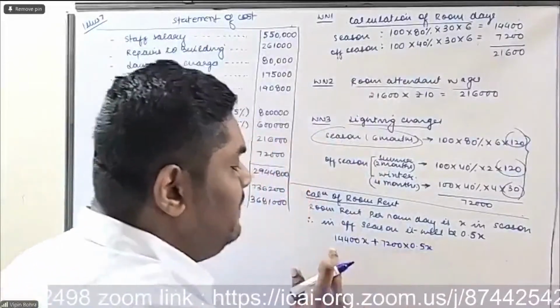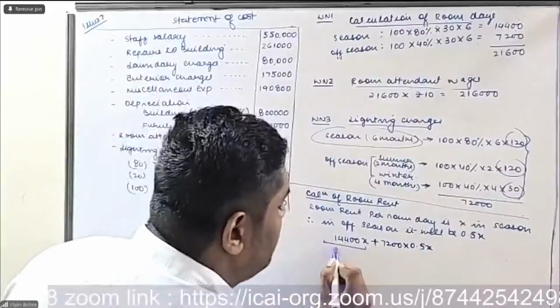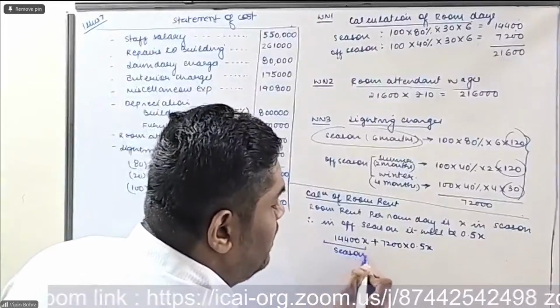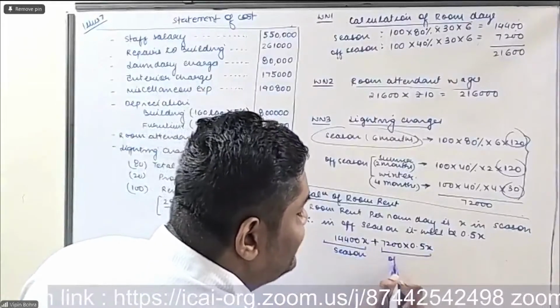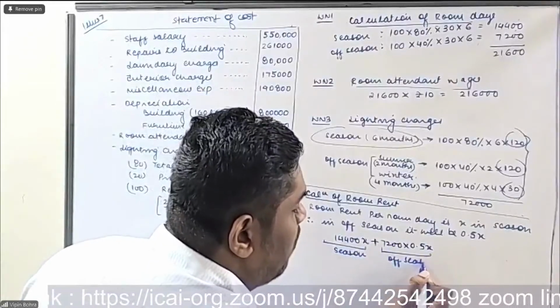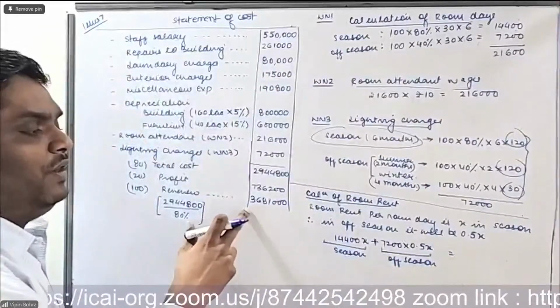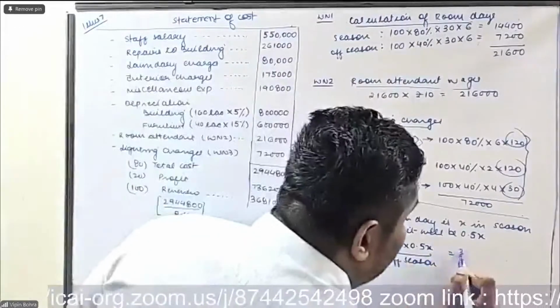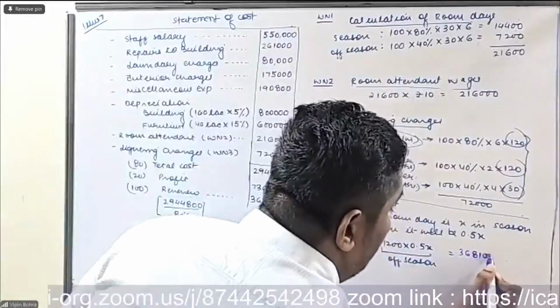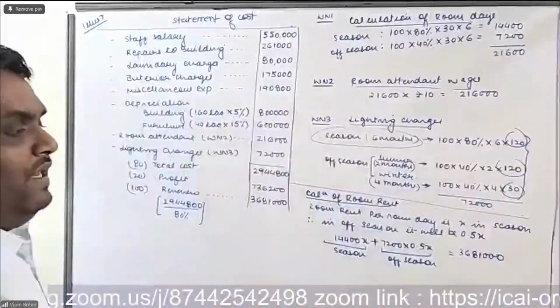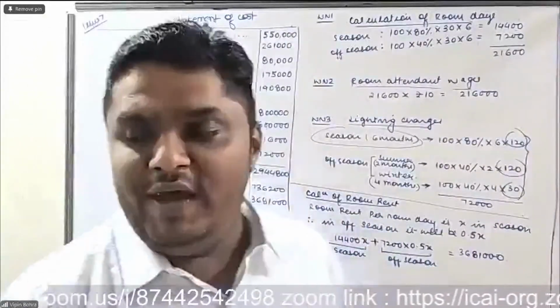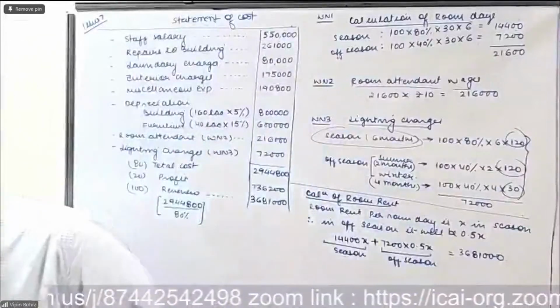This will be the revenue for the season. This will be the revenue for off season. And we have already calculated the total revenue for the year, that is 36,81,000. So now we can easily calculate the value of X, that is the room rent for the season.